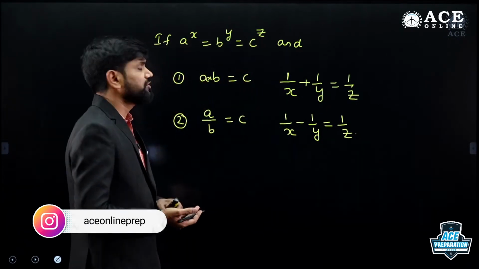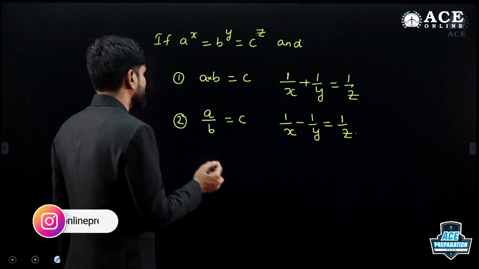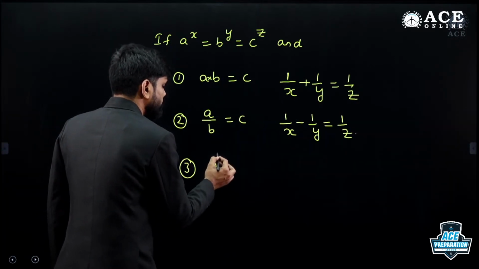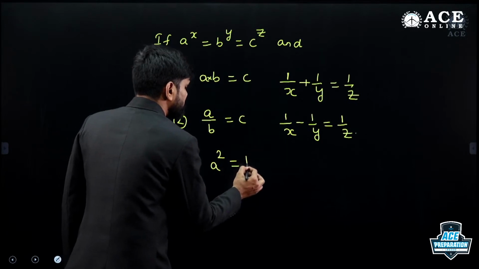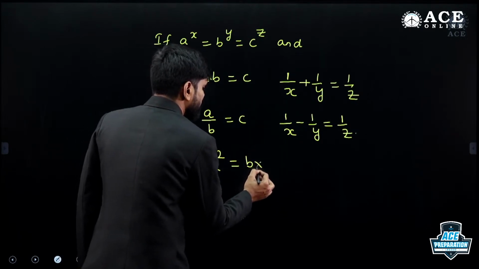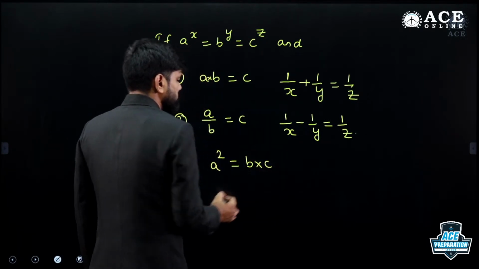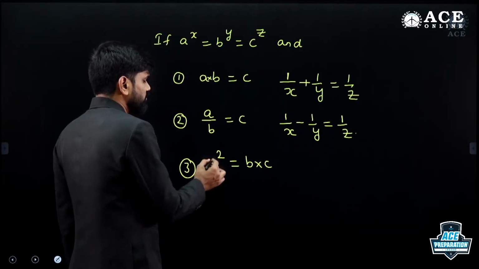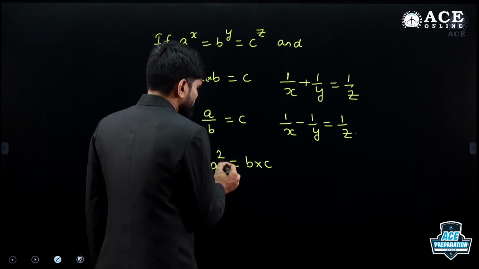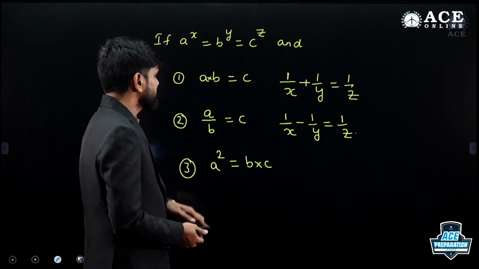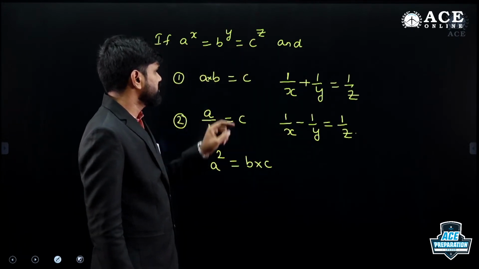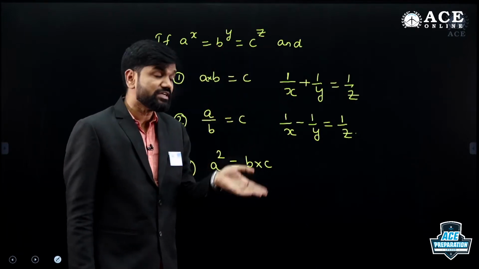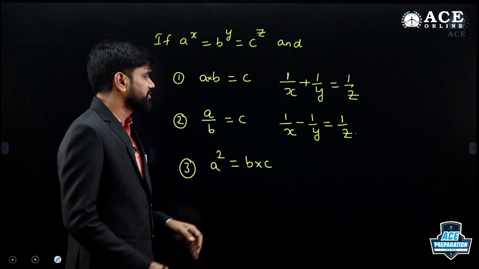No sir, I don't have A into B equal to C. Suppose I have some other relation, like A square is equal to BC. Here the relationship between A, B and C is given as A power x equal to B power y equal to C power z, and we know that A square equal to BC.